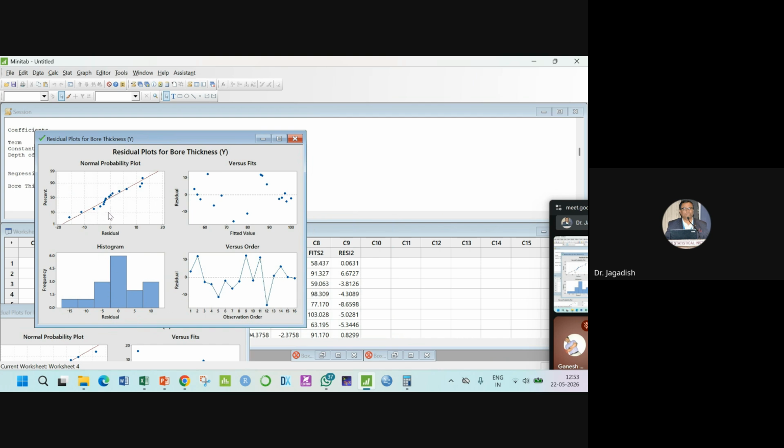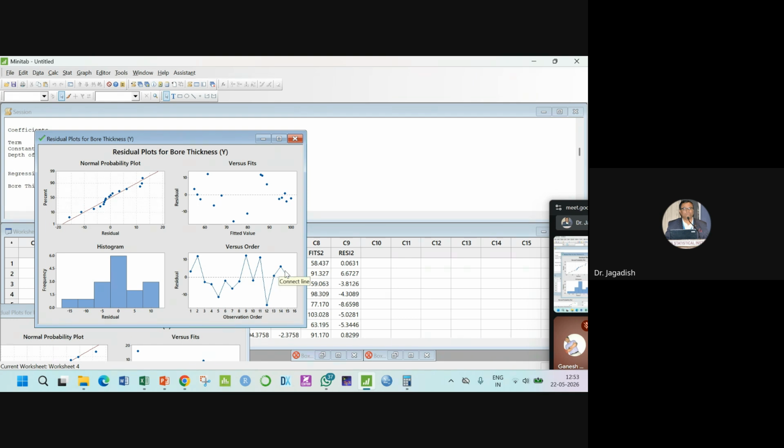So the peak values are in the center, and the remaining points are the tail points, like minus 15 and 10. So residuals are also normally distributed, and the probability plot shows that all the data points are close to the fitted line. These are random patterns, and these are the run orders of the data set.